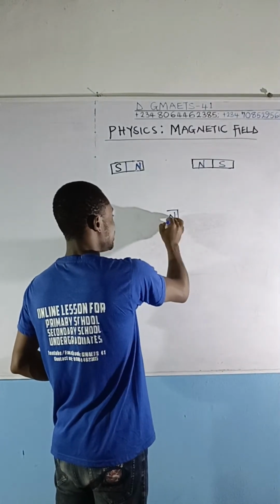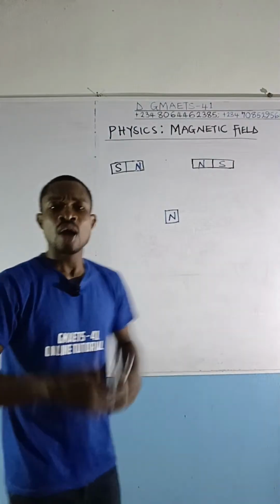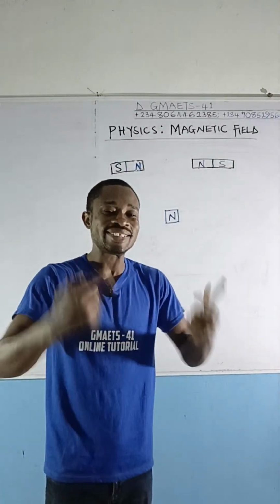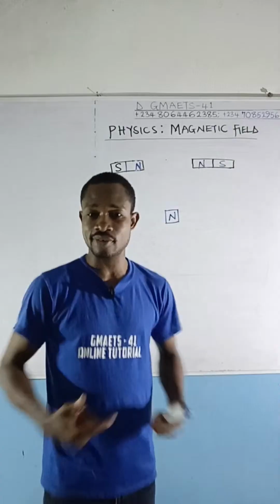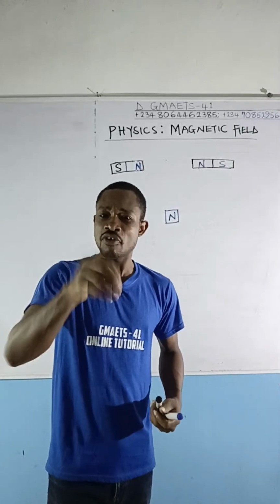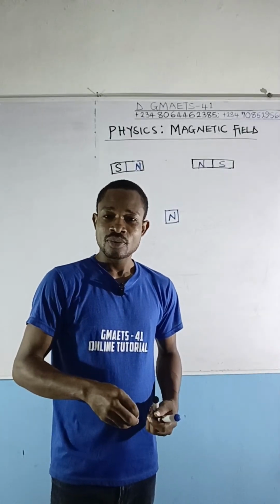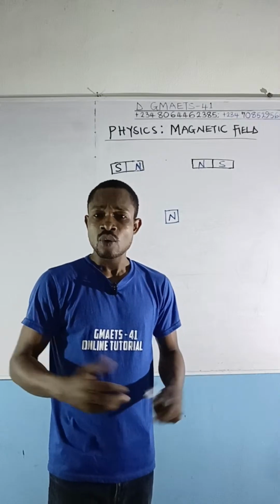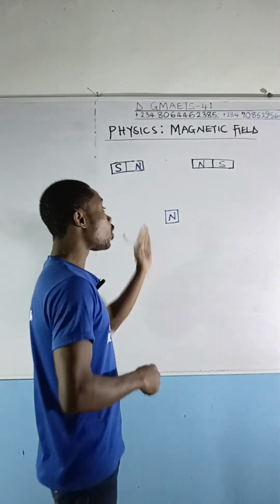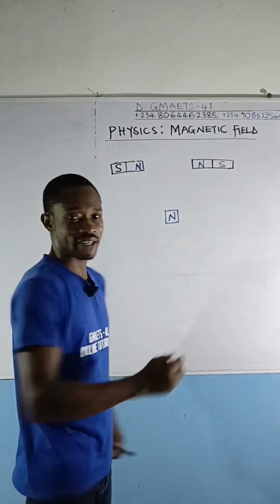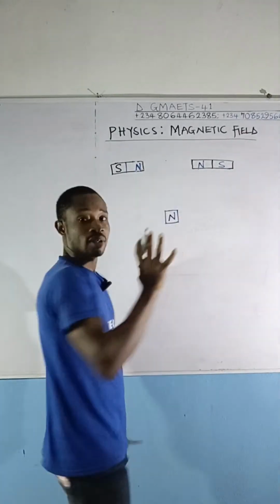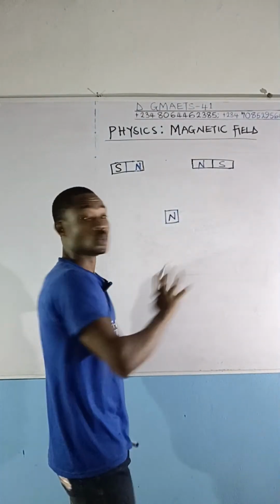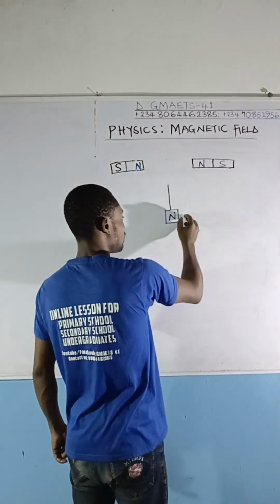Assume that this is North pole of a magnet. What will the magnetic line of force look like? Those imaginary line of forces, which I talked about earlier, what will it look like for a North pole of a magnet? This is how the imaginary lines will be traced. You have something like this.